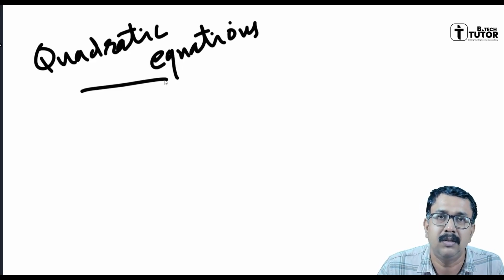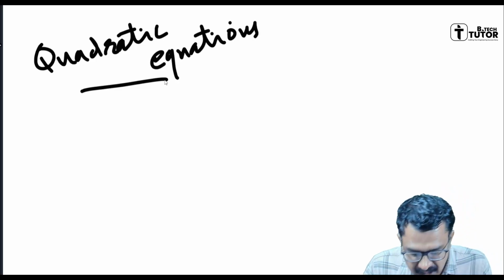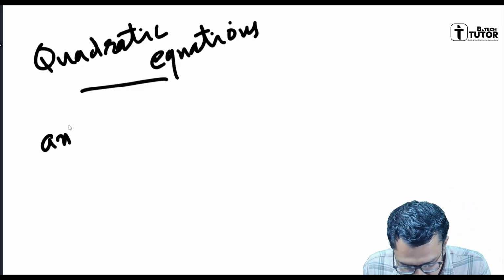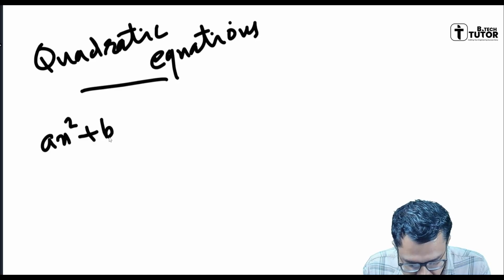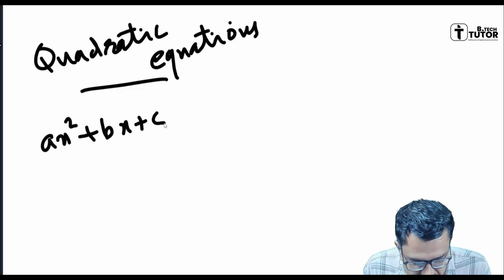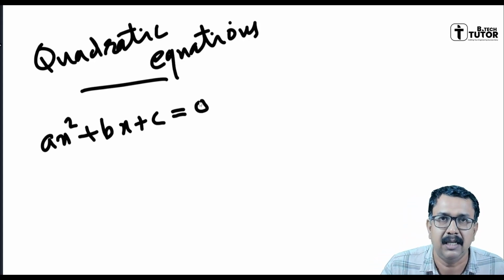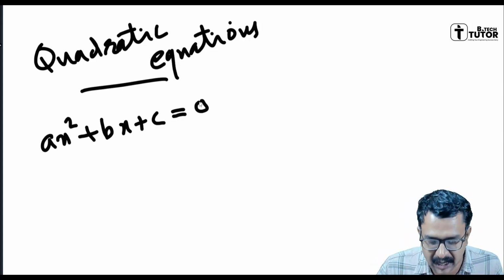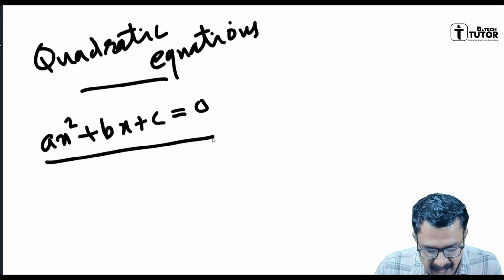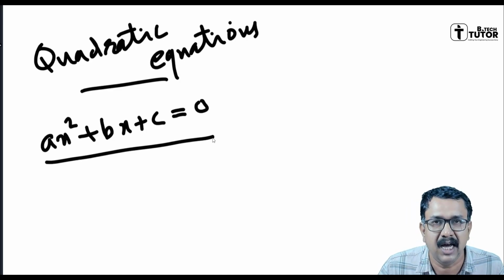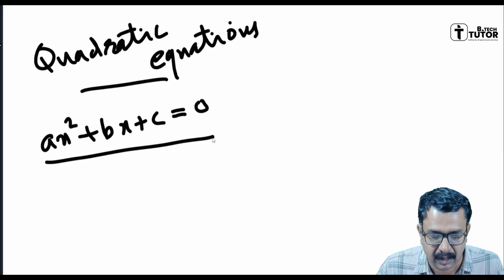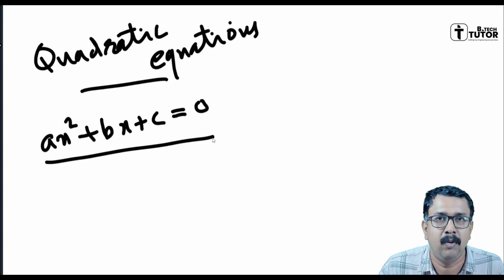As you know, the standard form of a quadratic equation is ax square plus bx plus c equal to 0. Here the degree of the polynomial is 2.